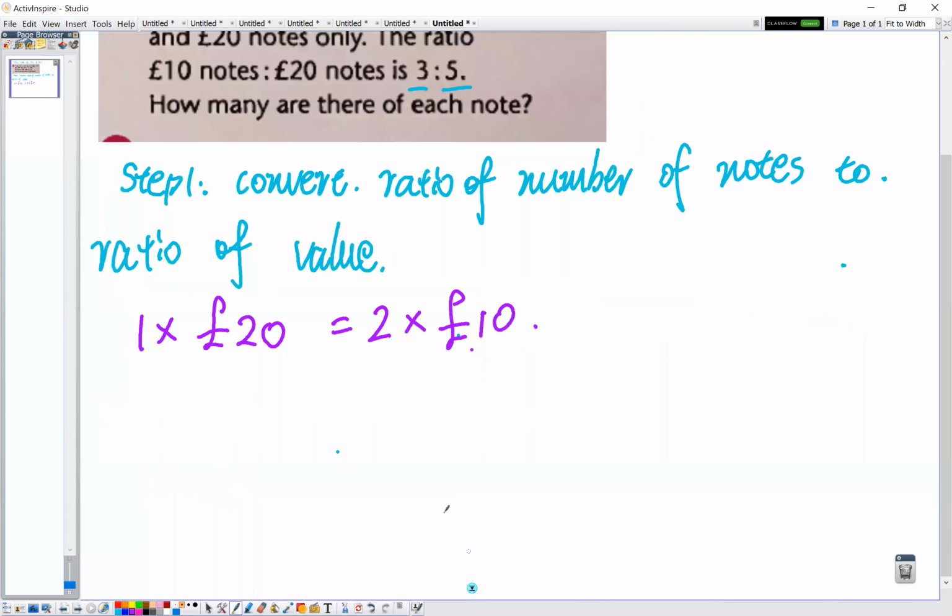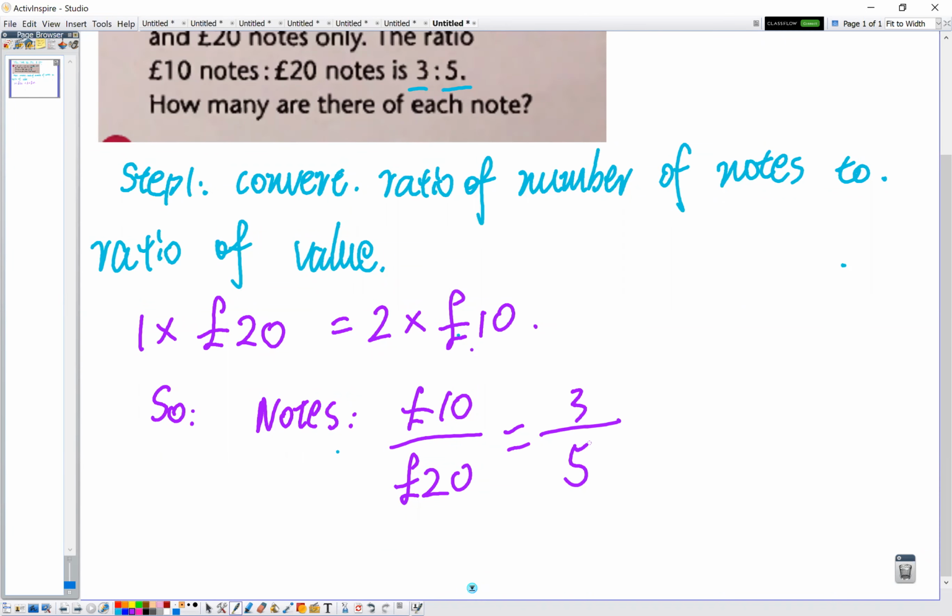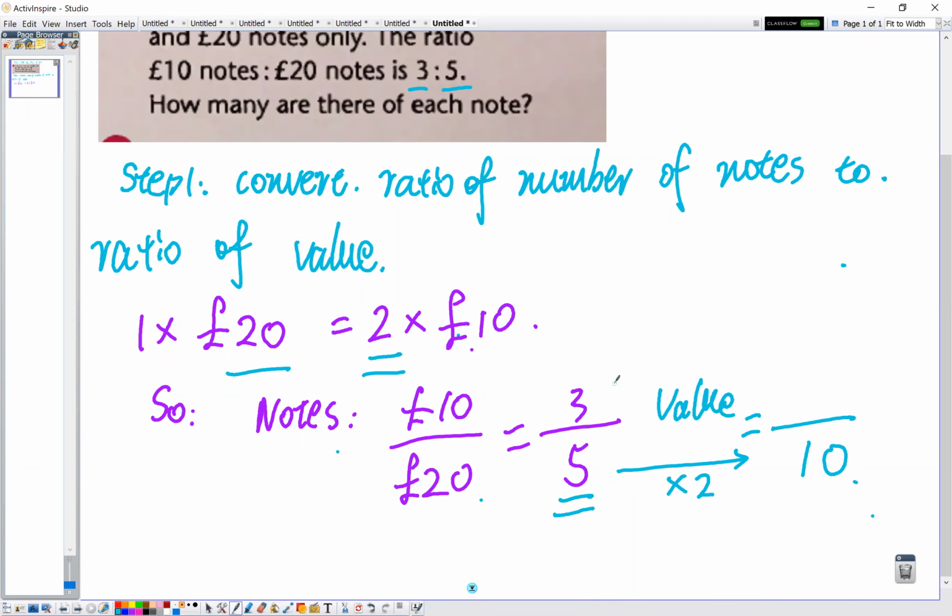So therefore, if the ratio of notes between £10 to £20 is 3 to 5, in terms of value, one £20 note is equivalent to 2 £10 notes. So for the 5 portions of £20 notes, in terms of value we times by 2, so it becomes 10 portions. And the £10 is still 3 here. The value between £10 and £20 is 3 to 10.